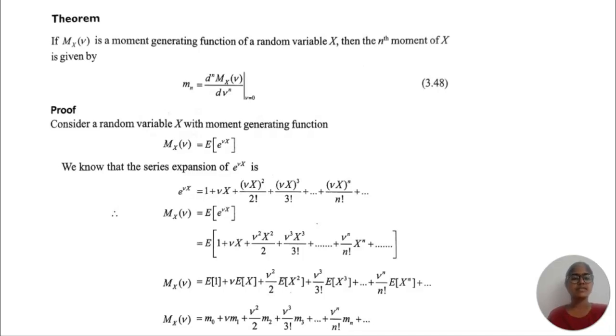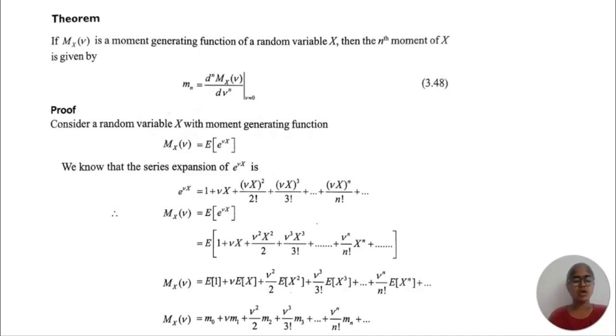Consider a random variable x with moment generating function M x of v equal to E of e power v x. We apply the Taylor's theorem expansion: e power v x equal to 1 plus v x plus v x whole square by 2 factorial plus v x whole cube by 3 factorial.